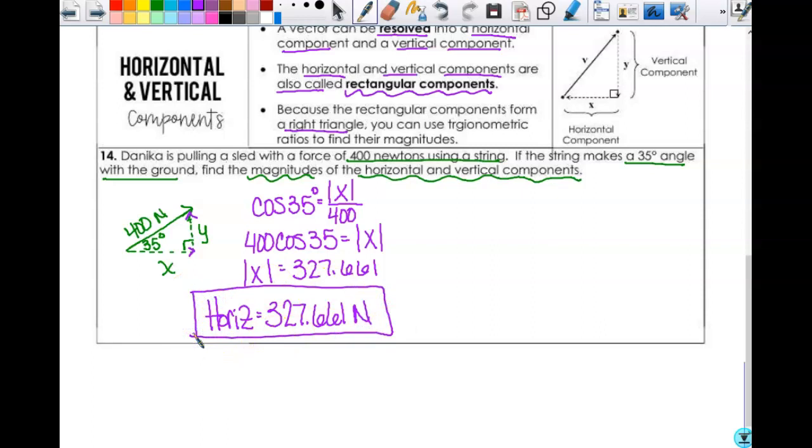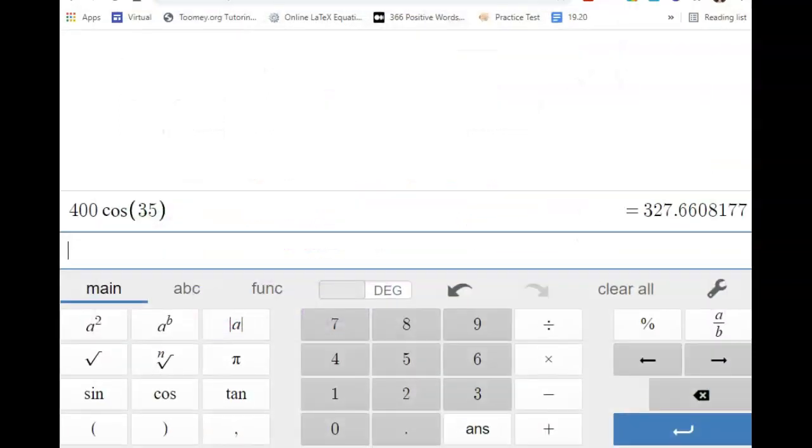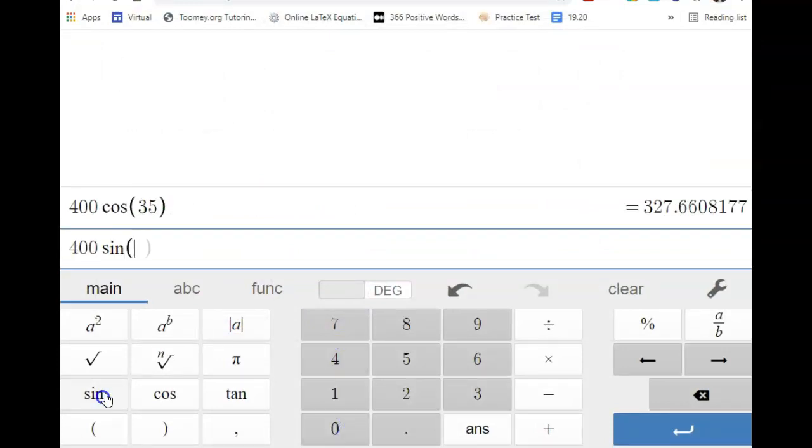So then to find your y component, that's opposite over hypotenuse, so that's sine. So this will be sine of 35 equals the absolute value of y over 400. So 400 times the sine of 35 equals the absolute value of y. That's your mg sine theta. So on my calculator, I'm going to do 400 times the sine of 35.